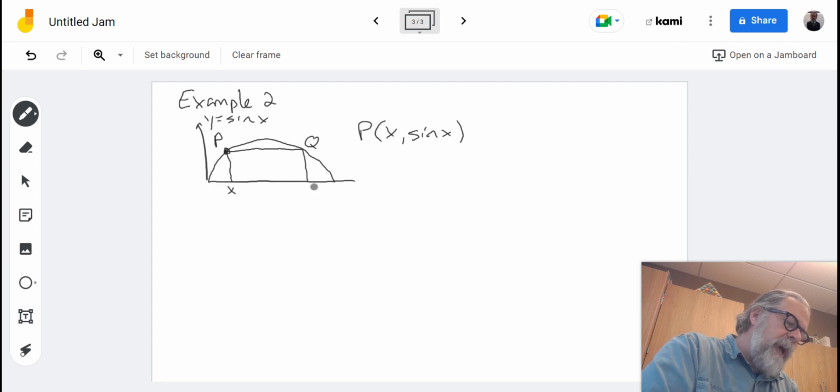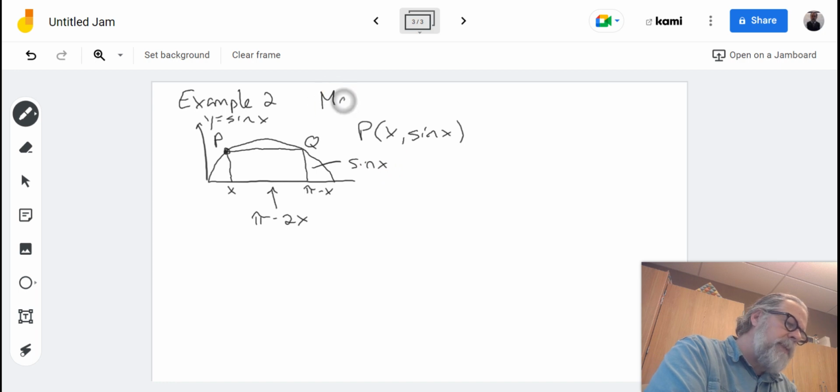If this is x, this is pi minus x, and therefore this length right here is pi minus 2x, and this height right here is sine of x. We want to maximize the area of this box.